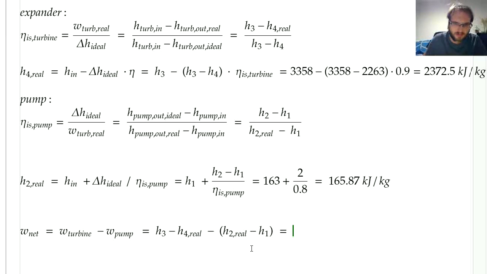But also we can write it in this way, that it's work of the turbine ideal multiplied by turbine efficiency minus work of the pump divided by pump efficiency.